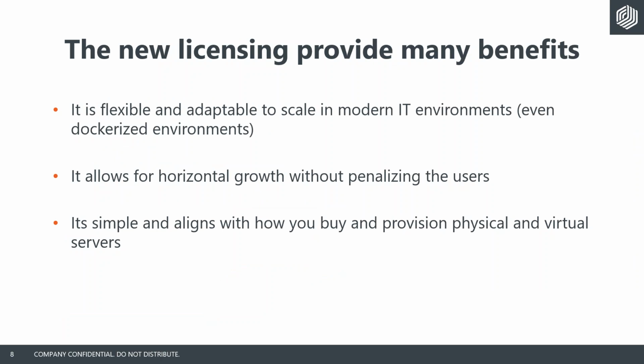So it's more flexible, as I described, scales with the way people do things in IT nowadays. You can horizontally expand without driving and forcing new licensing and so on. So it should be a good bit easier.